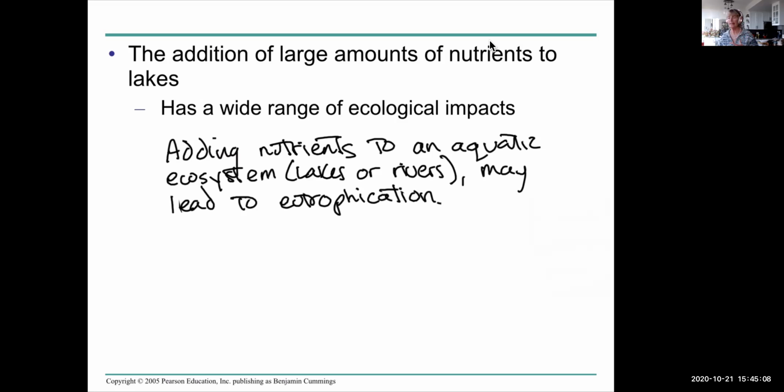In other words, making a lake or a river more nutrient rich than it was before. So increasing nutrient richness.